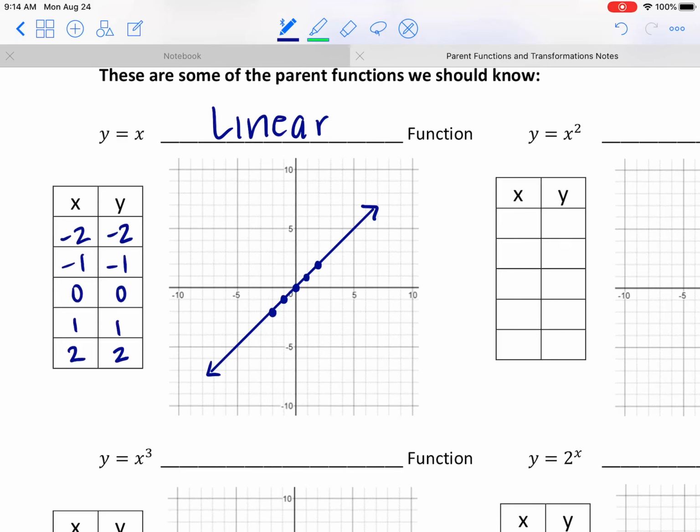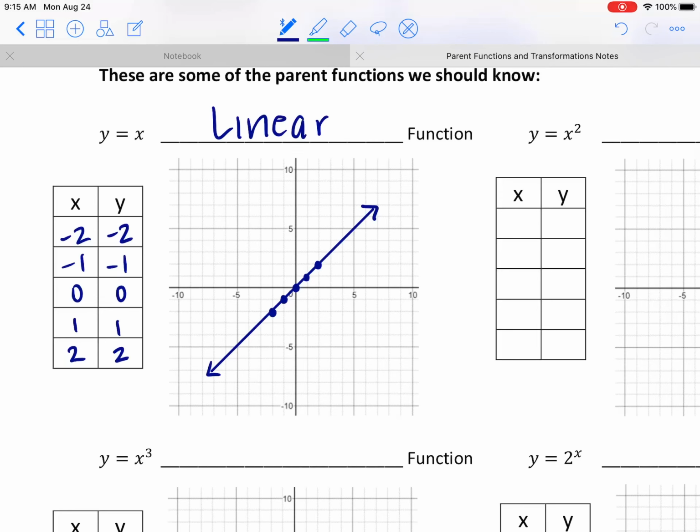So by adding something to this y equals x, like y equals x plus 1, or subtracting from it, y equals x minus 2, or multiplying x by a fraction, like 1/2 x, or whatever we do to it, it's still going to be a linear function, but it might be shifted up or shifted left, or maybe its slant increases or decreases, or maybe it's got a negative slope so that it's a decreasing graph instead of an increasing one. So these transformations, putting other numbers into the function, could change it, but it will still be linear based off of this parent. So every linear function is going to make a linear graph.